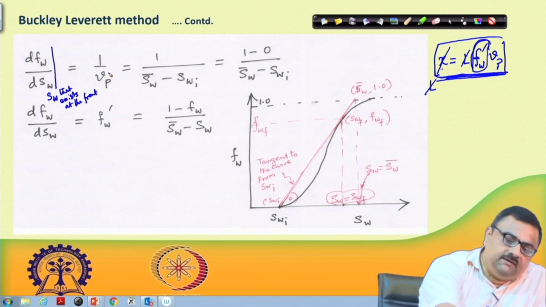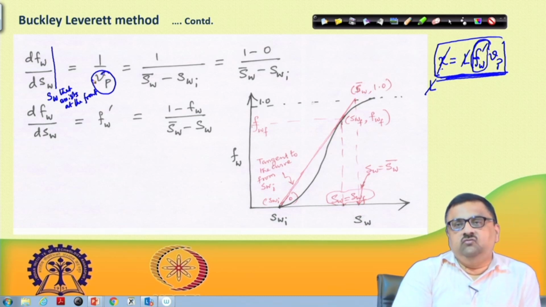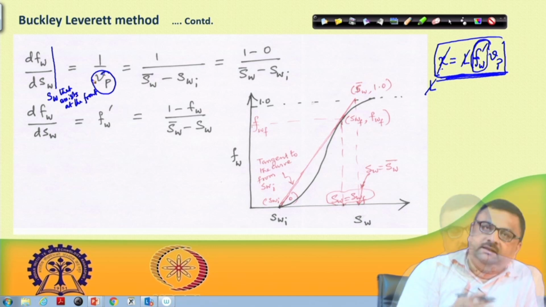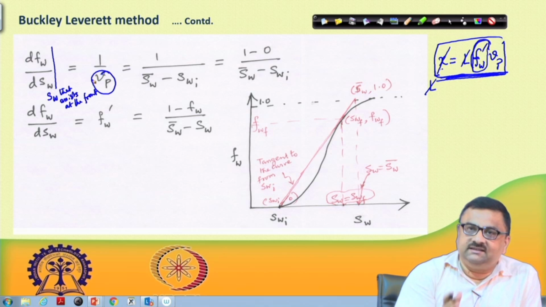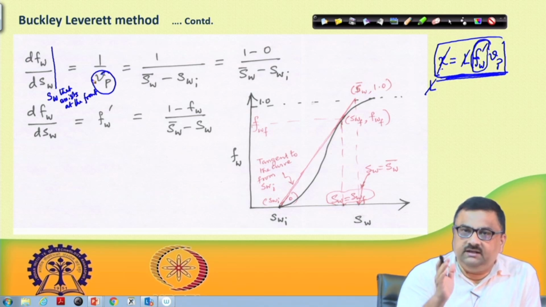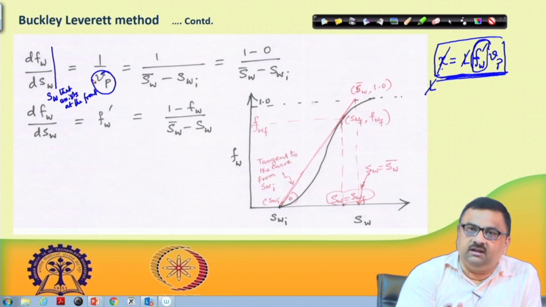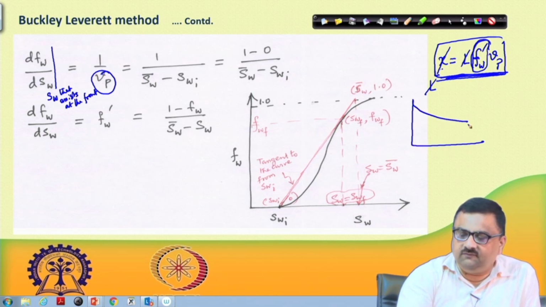And what is this Vp? Vp is the cumulative water injected, up to this point. That means, when the Buckley-Leverett front has reached the outlet, till this time what was produced? Only oil. And what would be that value at that time? Just think of a situation when the Buckley-Leverett front has reached the outlet.